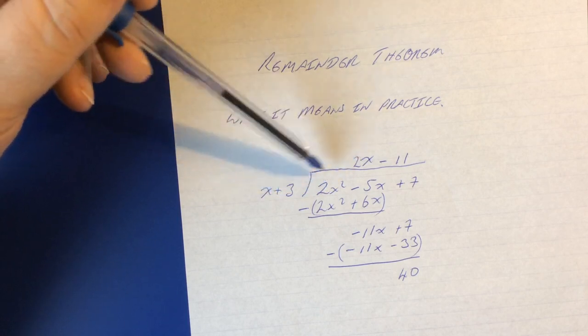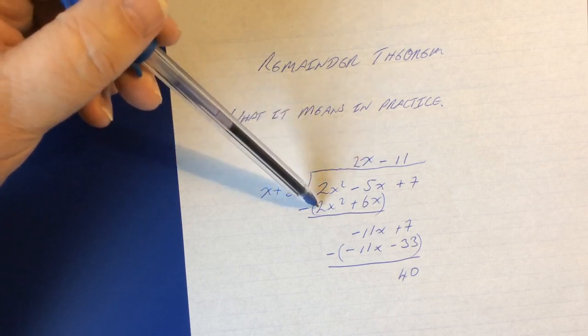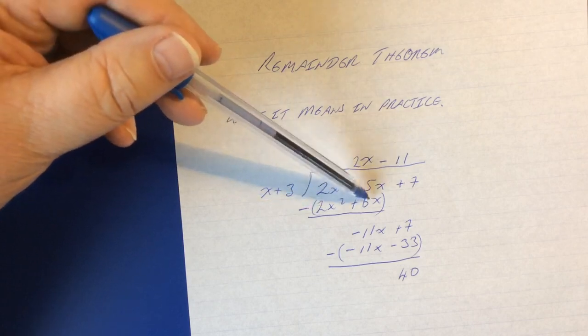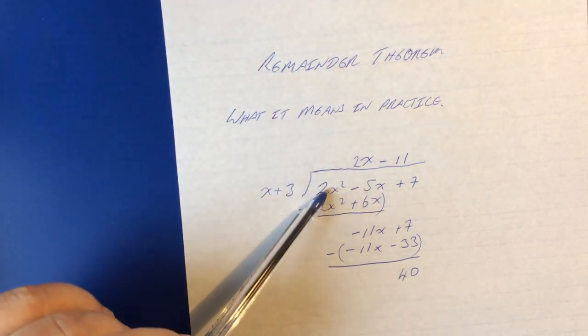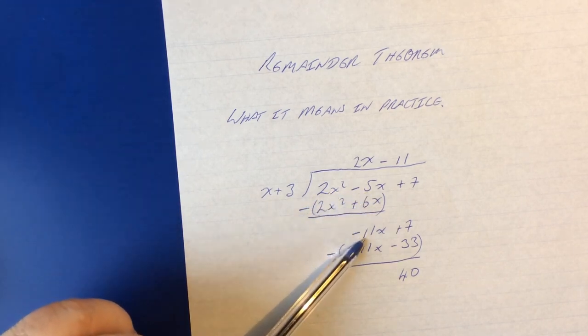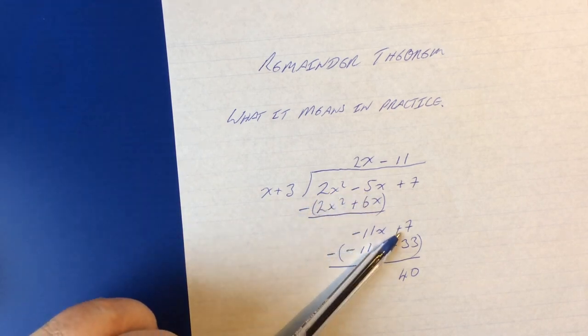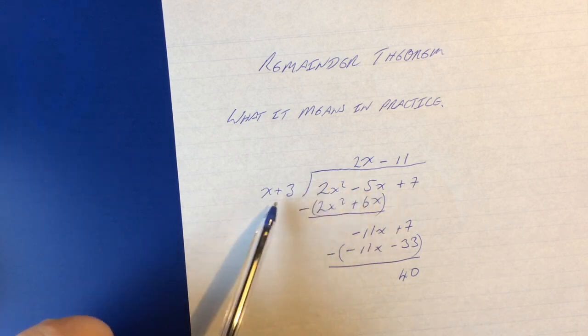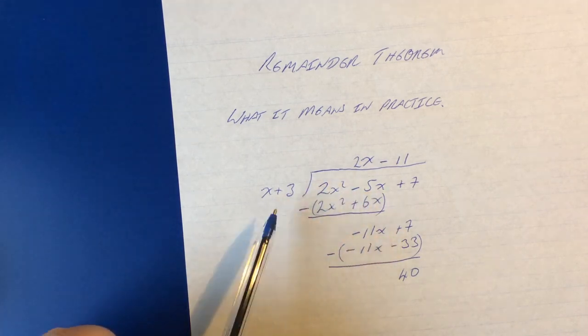Multiply x plus 3 by 2x and we get 2x squared plus 6x, and we subtract that to get rid of this expression here. We're left with negative 11x plus 7, sorry.